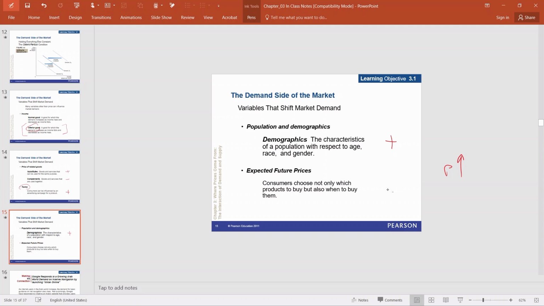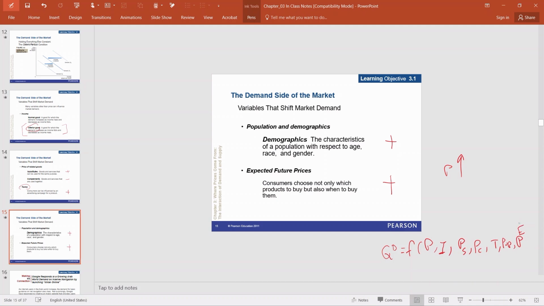So if I am going to write the demand function again, quantity demanded as a function of price, income, price of substitutes, price of complements, tastes, population, and then we add expected prices, P E, expected prices.